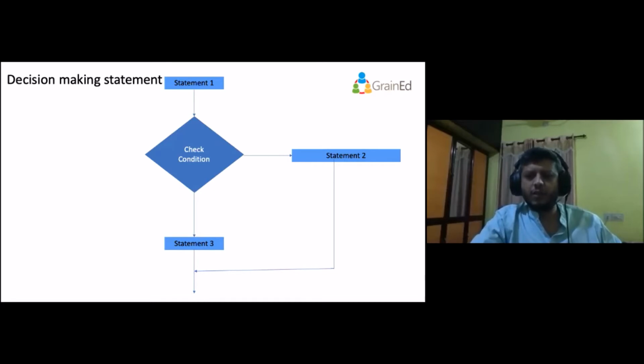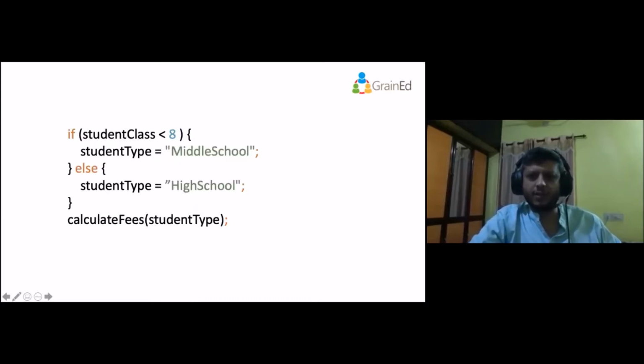One specific scenario where you use it is when you don't need to execute both statement 2 and statement 3. You have to execute either statement 2 or statement 3. Let's quickly see an example to understand that.